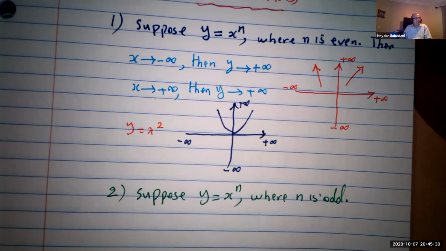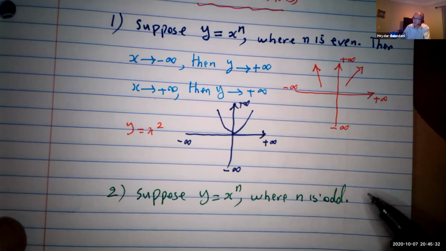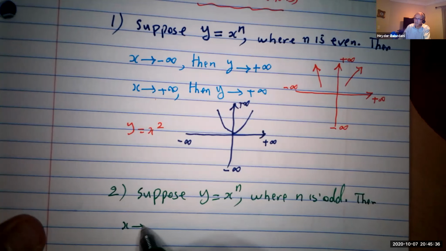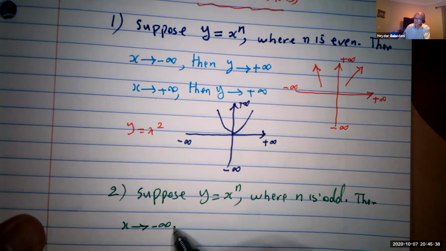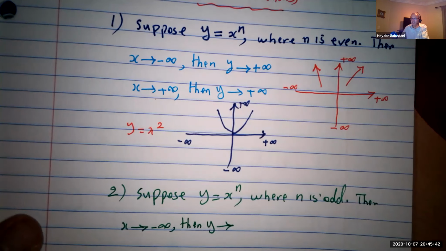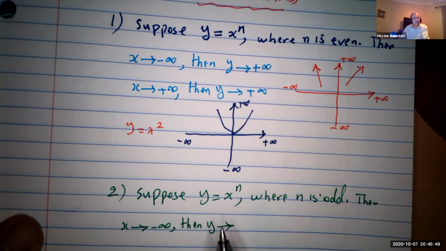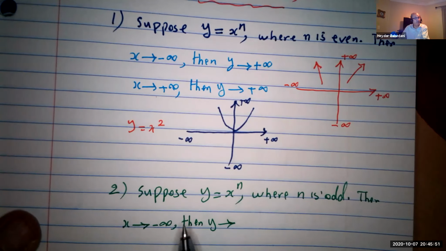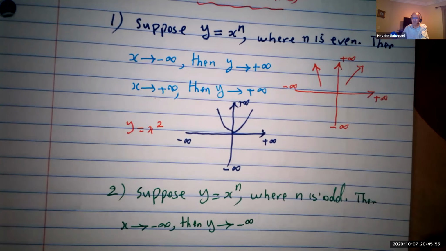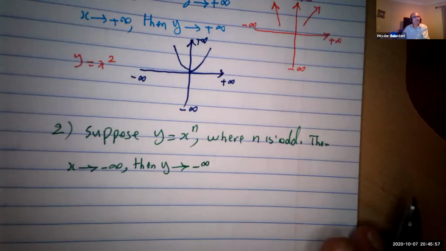Okay, so what would happen to the end behavior? If this is the case, then when x goes to negative infinity, what would happen to y? You see, this is negative. You raise it to the odd power, to the 3rd, to the 5th, to the 7th. Negative to the odd power would be negative. So in that case, y goes to negative infinity.